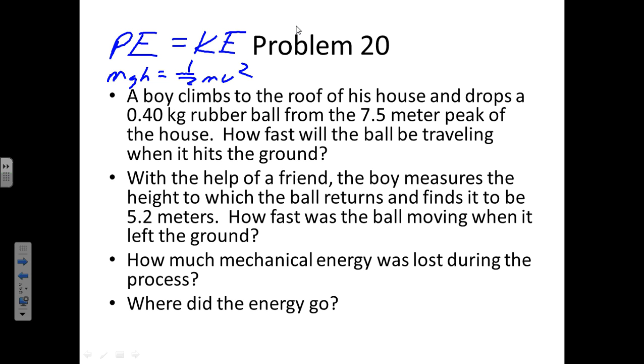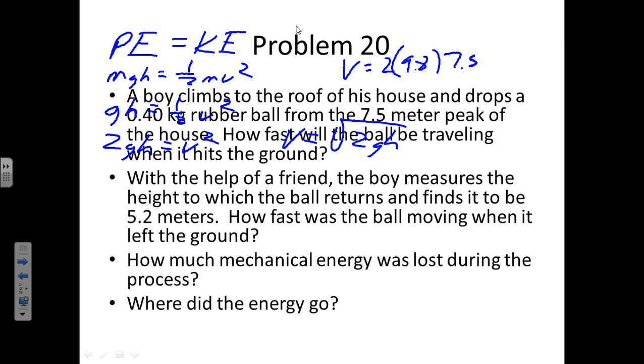The masses cancel, so we end up with gh equals 1/2 v squared. We're trying to find v, so let's multiply both sides by 2. So 2gh equals v squared. V equals the square root of 2gh. So if we put some numbers into that equation, v is going to equal the square root of 2 times 9.8 times 7.5.